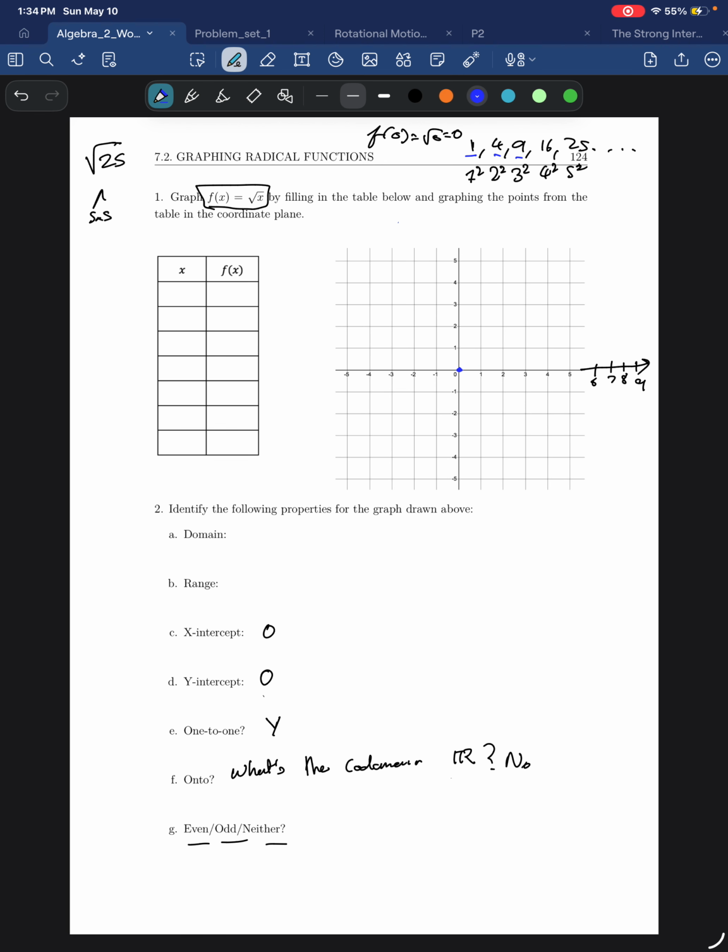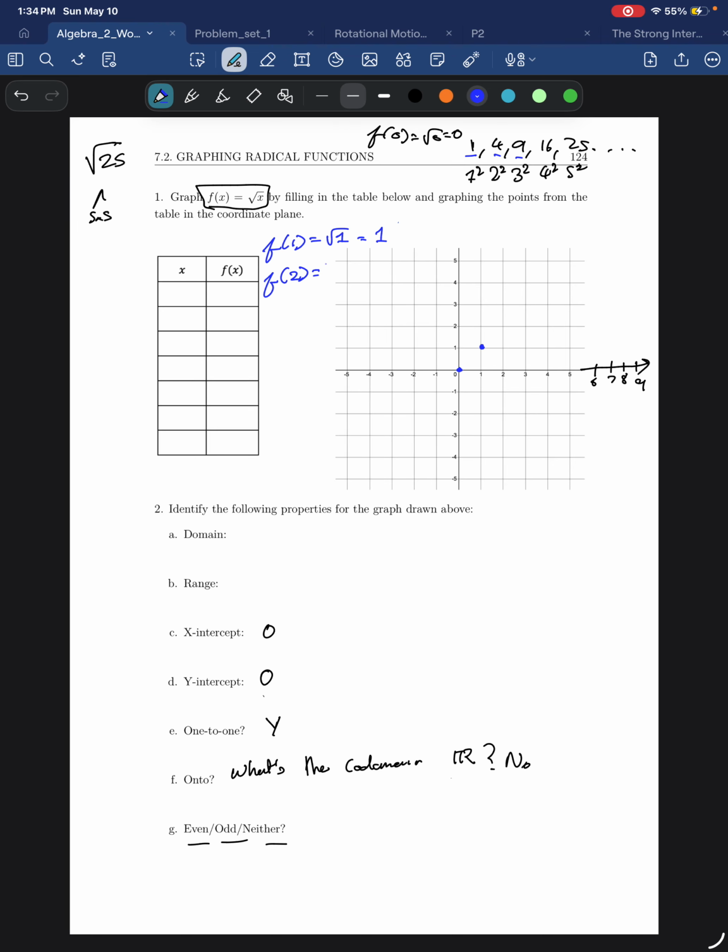If I plug in 1 for x, I just get the square root of 1, which is 1. What if I plug in 4? I'm not doing 2 or 3 because 2 and 3 will give me a decimal.